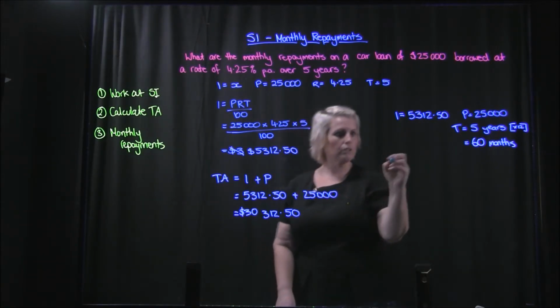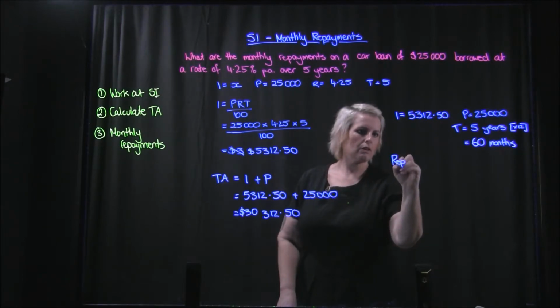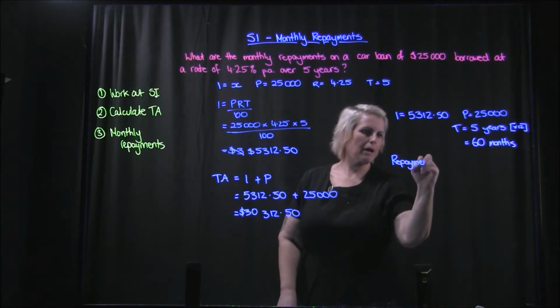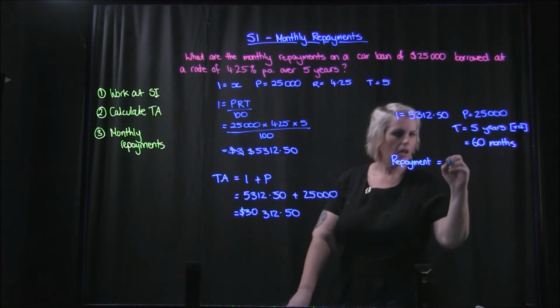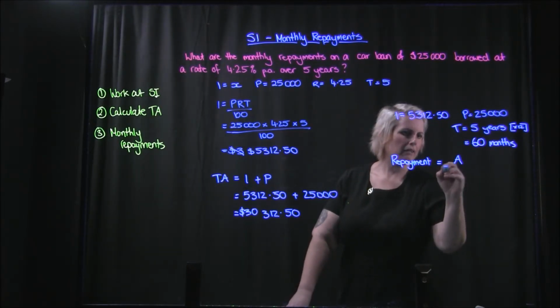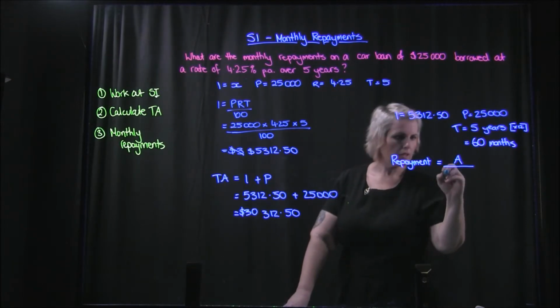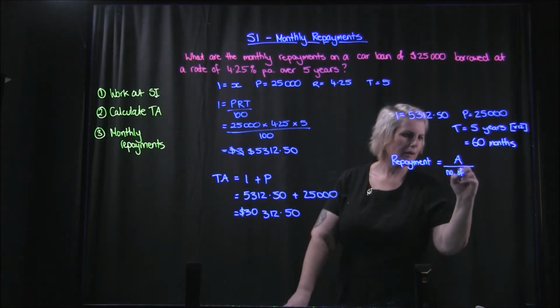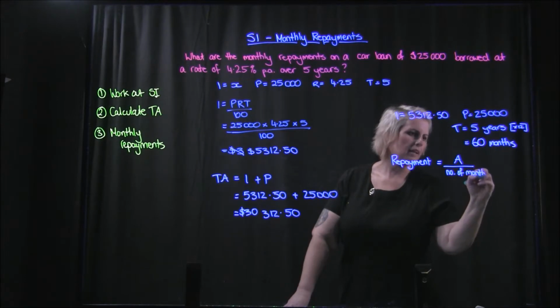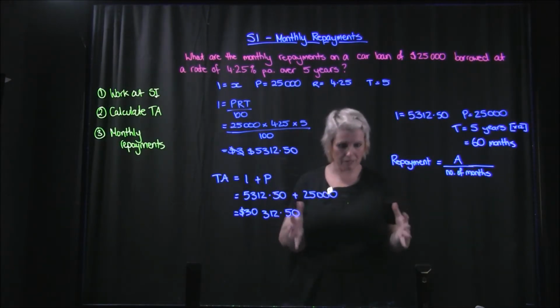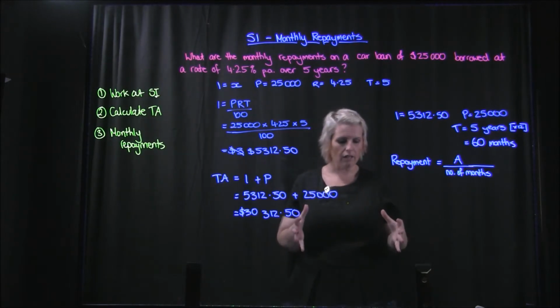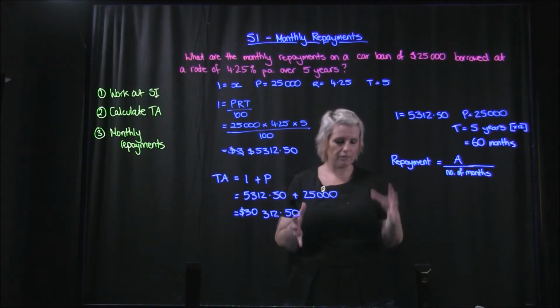So what I will do is use my formula. So repayment amount is going to equal the total amount over the number of months. Makes sense that if I've got a 5-year term, that's how long I've got the money for, I've borrowed this money.